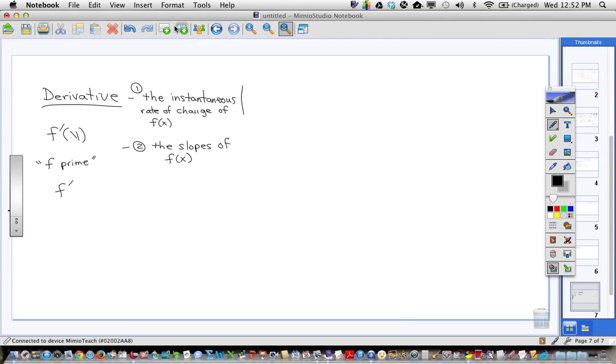So, when I write this, f of x would be our original function, what we might call our amount function. In other words, the outputs of it are some amount. For example, miles.